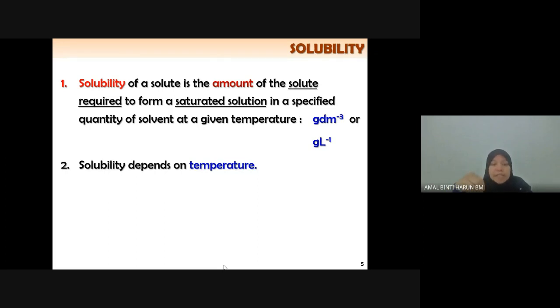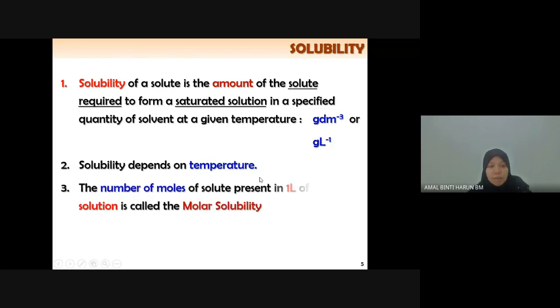So it can be determined by gram per dm cube or gram per liter, and the solubility depends on the temperature. So we can also represent solubility as a molar solubility, as the number of mole of solid that is present in 1 liter saturated solution.